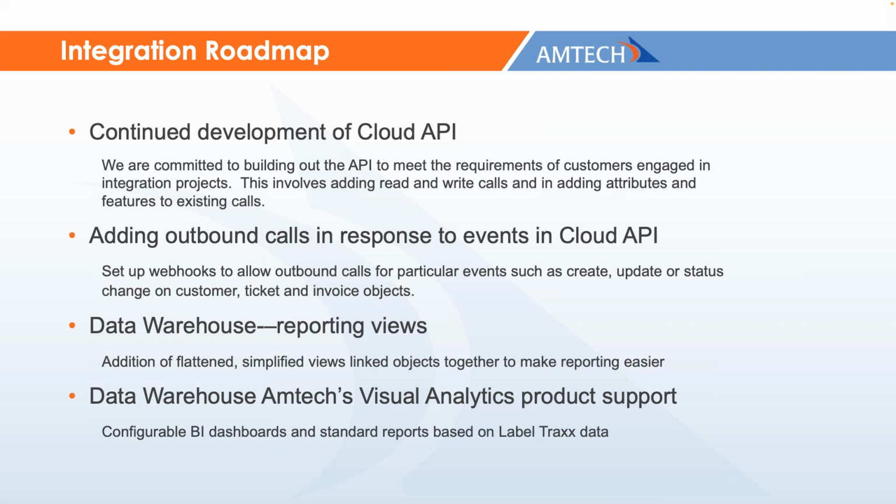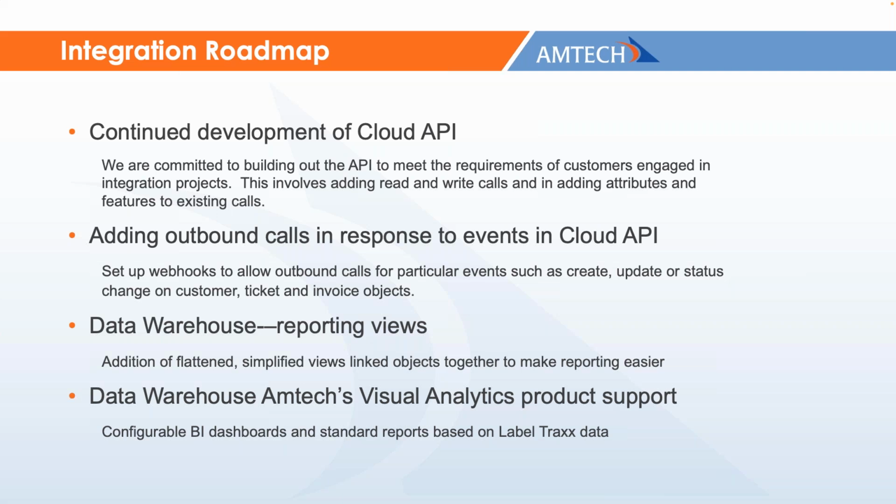We're also working within the next 12 months to add outbound call support for our Cloud API, so that when events happen within your Label Traxx instance, those will result in an outbound call to another system.